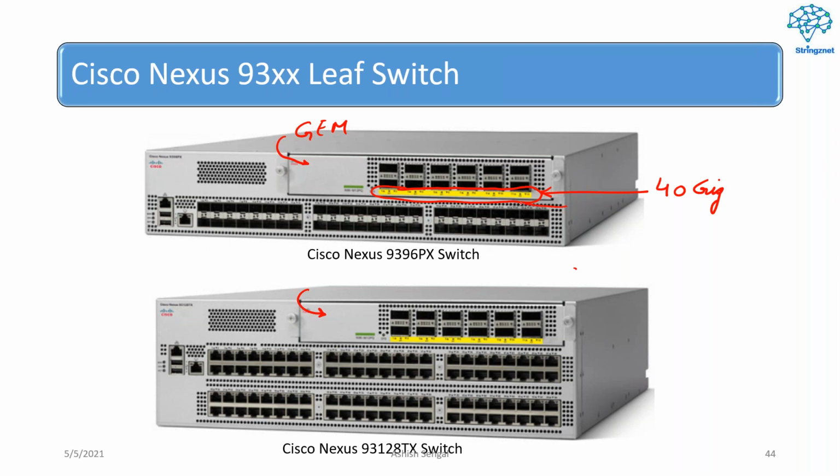The interfaces which you see over here on the fixed module are our 10 gig interfaces. The same applies with the 93128TX, just that we have it as a double decker fixed module, double the port density.